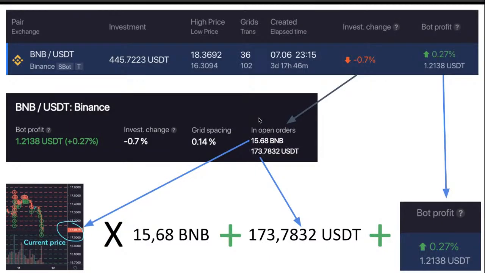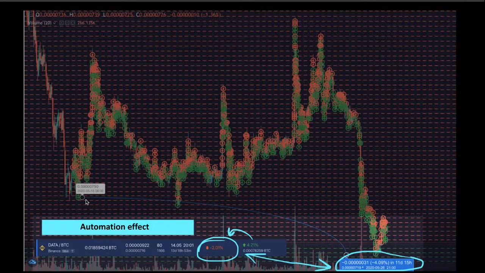Let's continue. Here's another example with data trading to BTC. Same here, point of inception. If I wouldn't use the bot, my investment change would be minus 4%. So if you would simply hodl data, all right, you would be in the negative zone of minus 4%. But here I have my active bot making profits for me on every market swing.